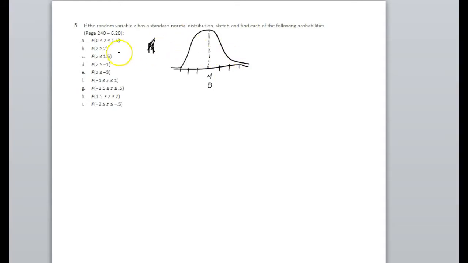Now it's asking, what is the probability of z being between 0 and 1.5? So let's go find 1.5. And then let's find 0. 0 is right here. So we want to know the probability in this spot right here. This is how we would visualize this. The probability from 0 to 1.5 is represented by the area under the curve here.